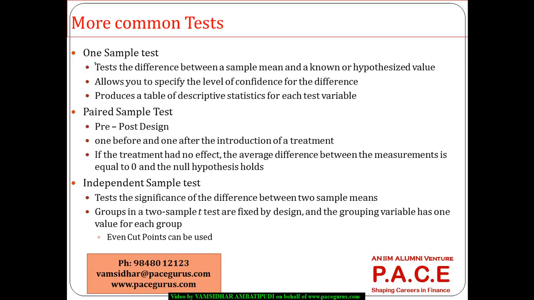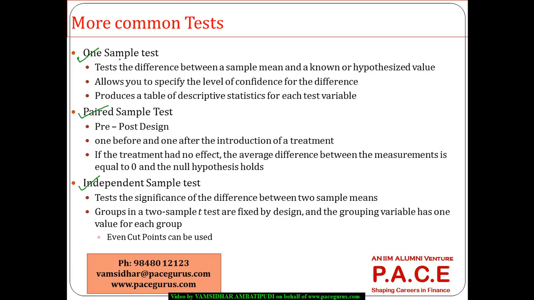There is a one sample t-test, which is for comparing the mean of a population with a constant value. Then we have the independent sample t-test, which is primarily for comparing the means of two different populations. And we have a paired sample t-test, where we are focusing on comparing on a pairwise basis. We'll look at each one of them with our examples.